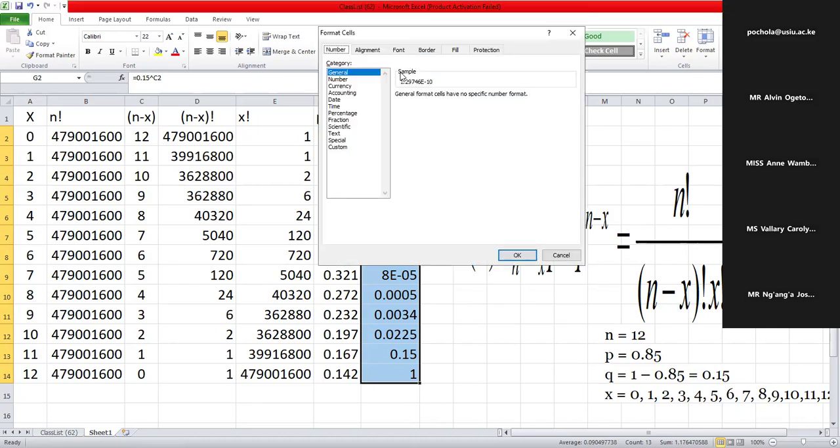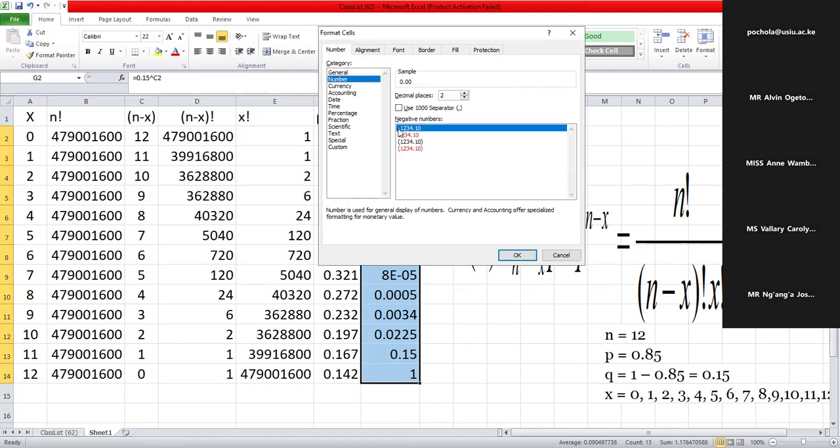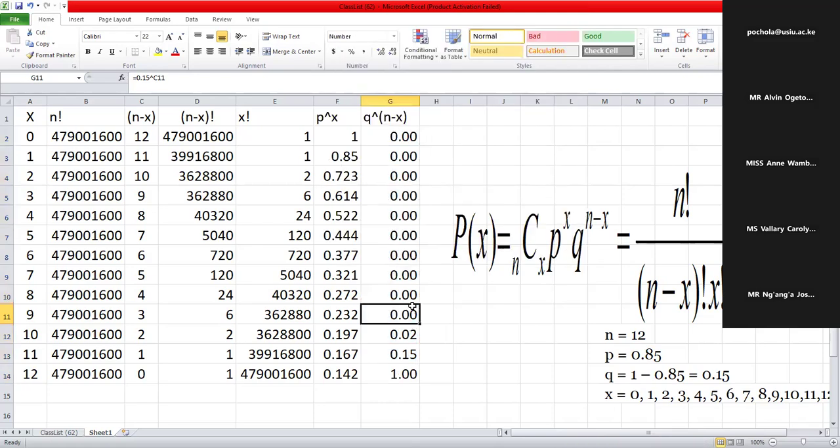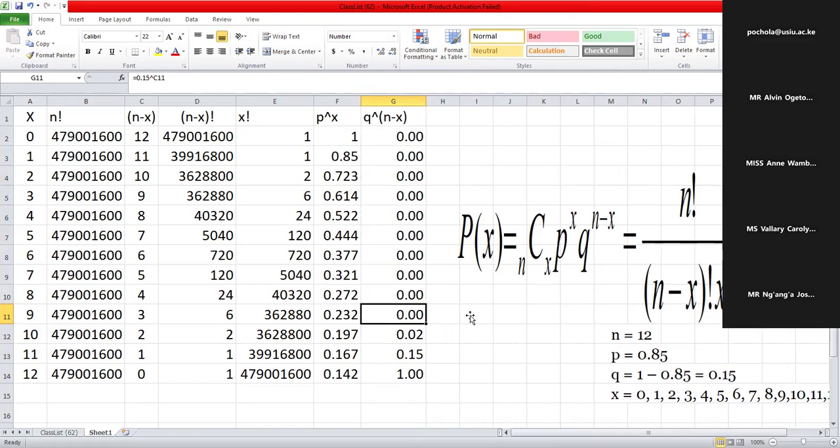So I've converted the left-hand side of my binomial model into a table, and it is here. So that's it.